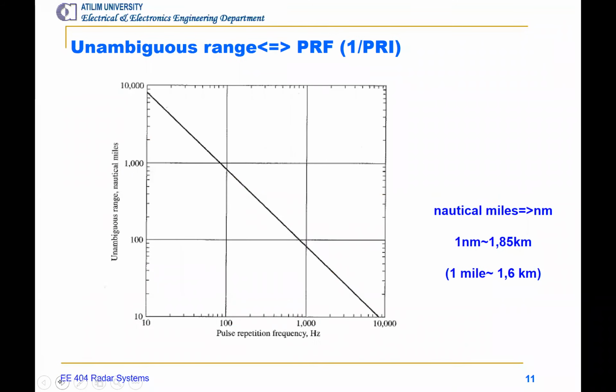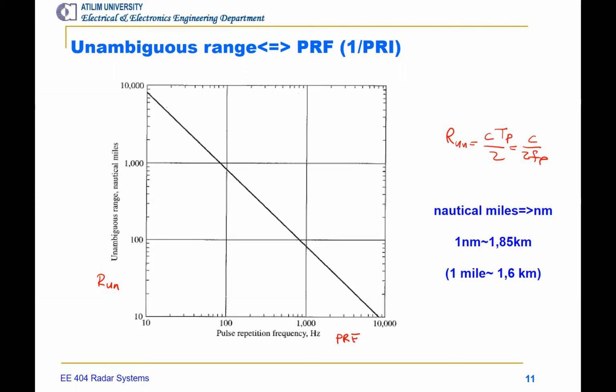Unambiguous range, we can simply write the equation with unambiguous range and PRF, which was cT_p over 2 or c over 2f_p, okay?